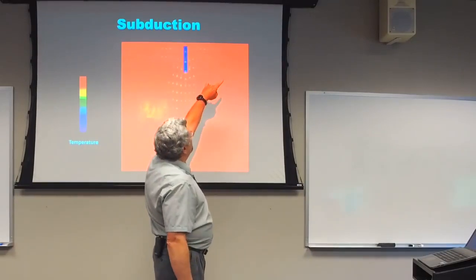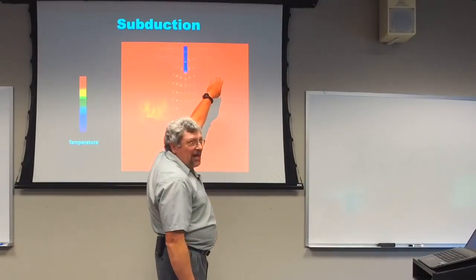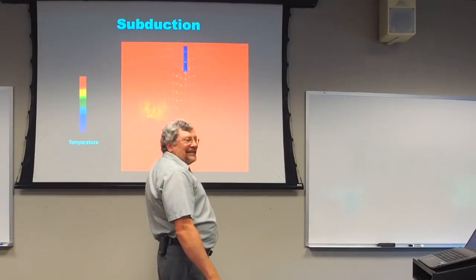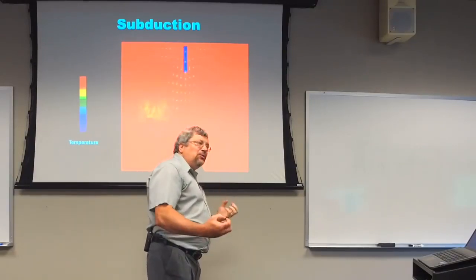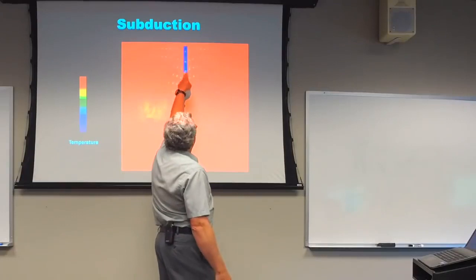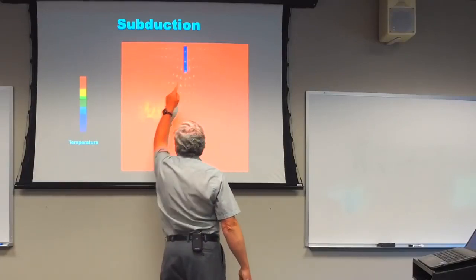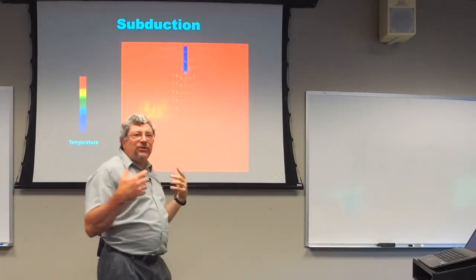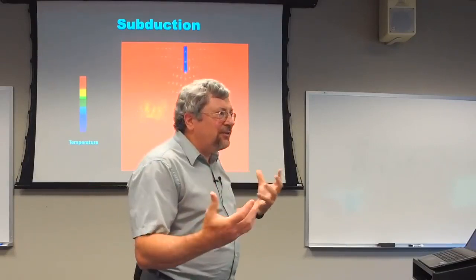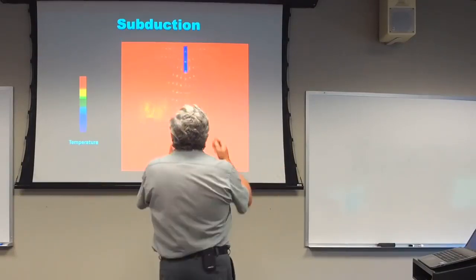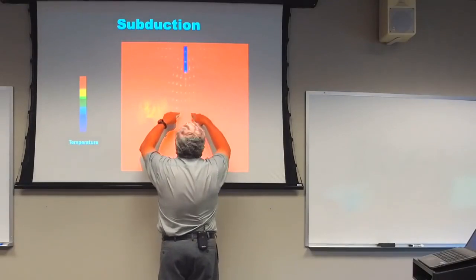And now what he does is he has a slab on the surface dip down into the mantle. He's going to see what happens to the slab. Here's a slab being represented. It's cold relative to the temperature of the mantle. As it goes down into the mantle, it's got to displace the mantle.